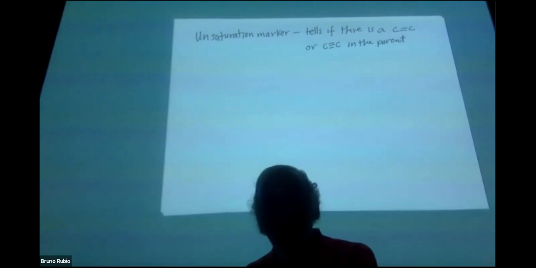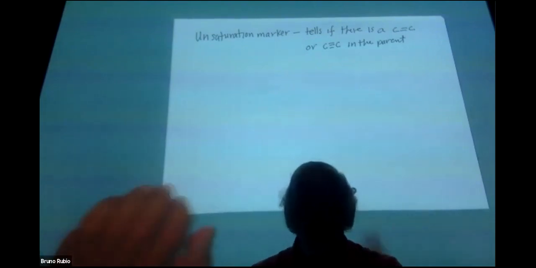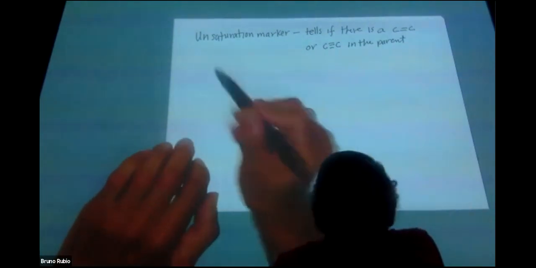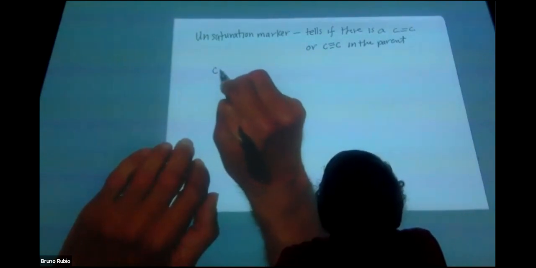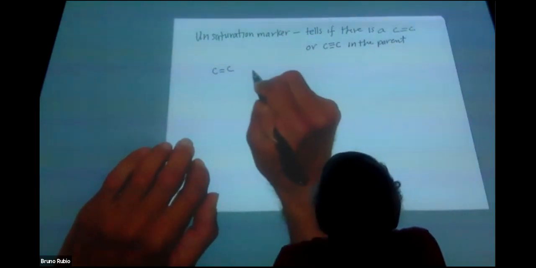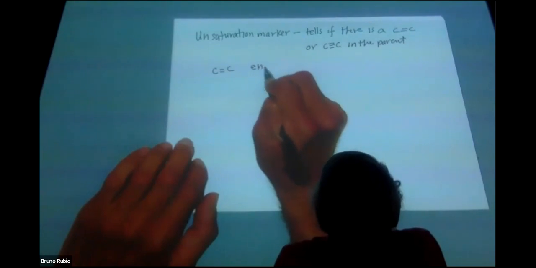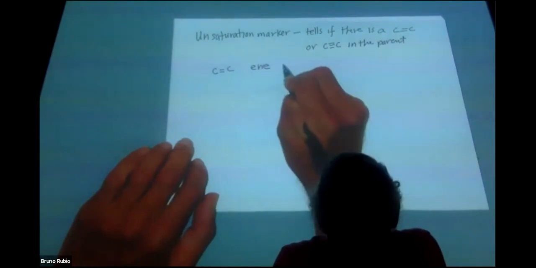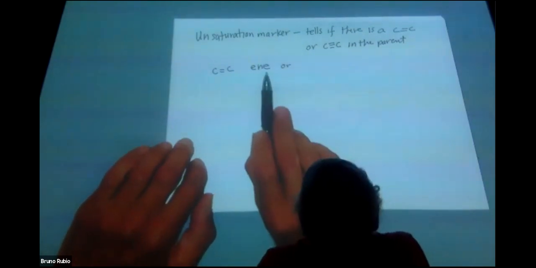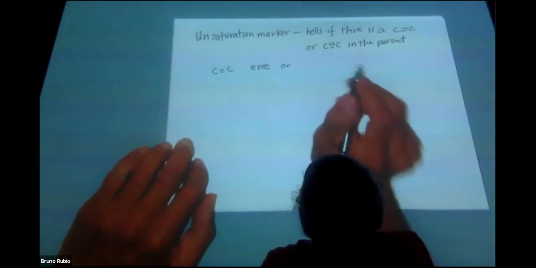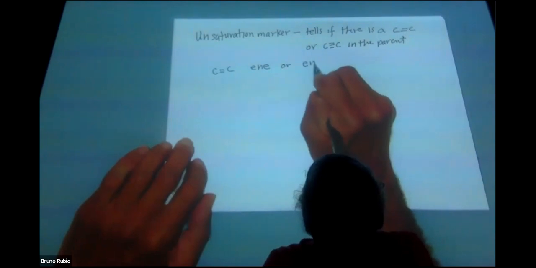So remember that the systematic name of a compound has these 5 parts: stereochemistry, substituents, parent, unsaturation marker, and priority group ending. The unsaturation marker for the carbon-carbon double bond is going to be either ene, or sometimes this final E is left off, so you might see just en.